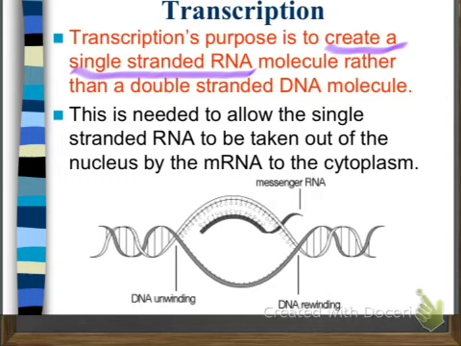And again, if we look down here at this example, we notice that DNA with its double helix can't get out of the nuclear pores. And so what we do is we end up creating this messenger RNA, which is going to take that message all the way out to the cytoplasm. Basically, DNA has the recipe book.